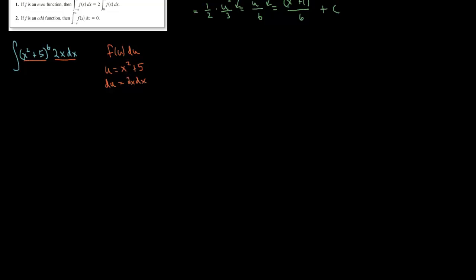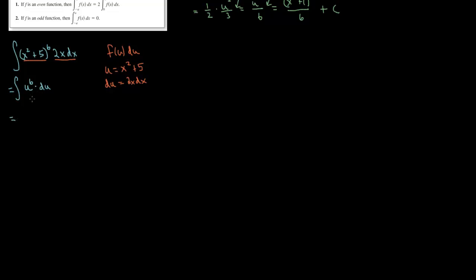So if you want to make the formal substitution, we could say this is equivalent to the antiderivative of u to the 6th power times du. Just by substitution, x squared plus 5 is u, so u to the 6th power. These three items multiplied together are exactly what du is. And now we have this really simple antiderivative to take care of.